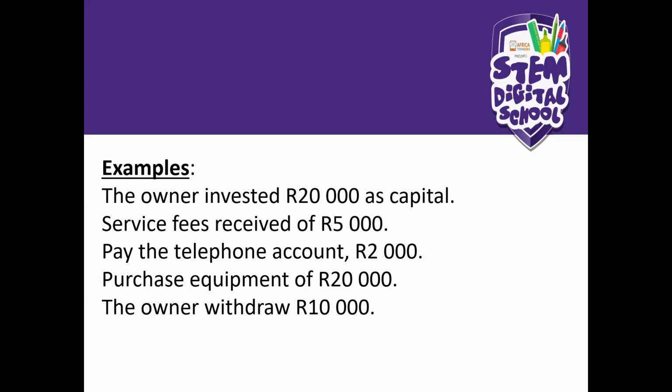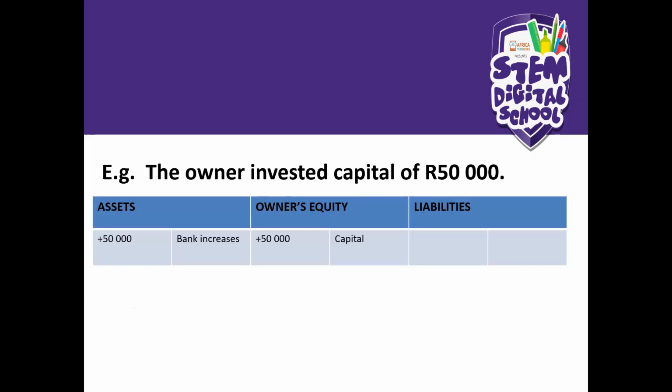So there are your transactions. Take each of those transactions and quickly draw the columns on a piece of paper for yourself. You're going to have columns for assets, owner's equity, and liabilities. Let me just go back to the previous one so you can see the columns.